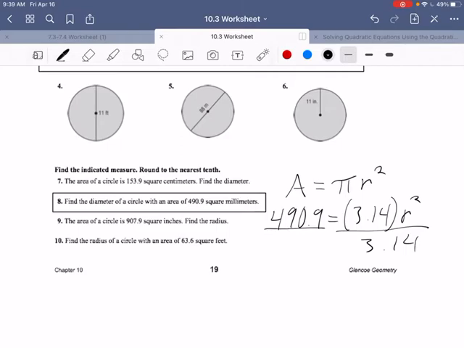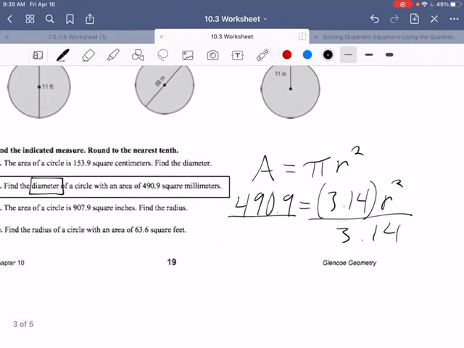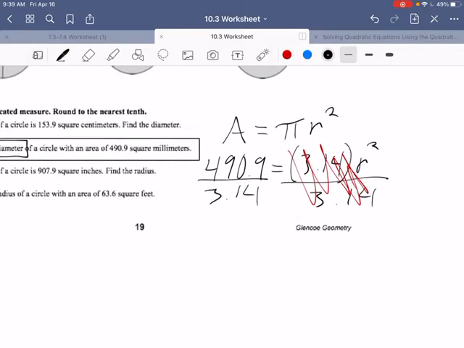So we divide both sides by 3.14. Of course, over here it's going to cancel, but over here, 490.9 divided by 3.14 gives us a big number, 156.338, equals r squared.